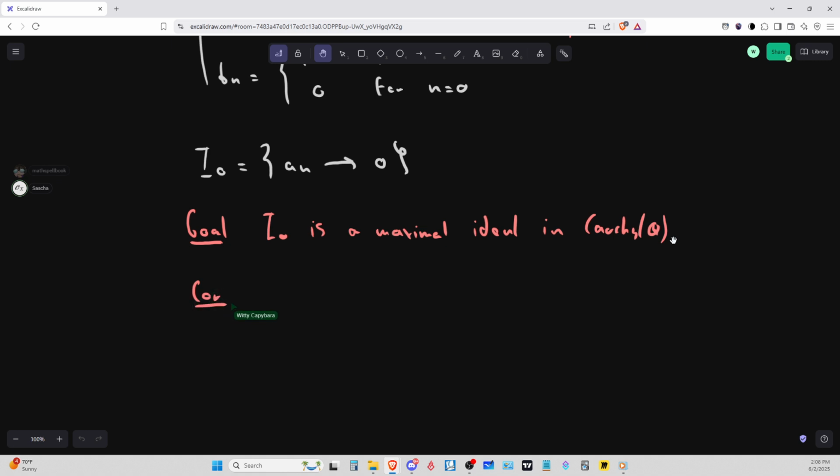As a corollary, once we do that, we're going to set the real numbers to be equal to the set of Cauchy sequences modded by I0. One corollary from the ring course I gave you last week was that if you quotient out by a maximal ideal, then this is a field.